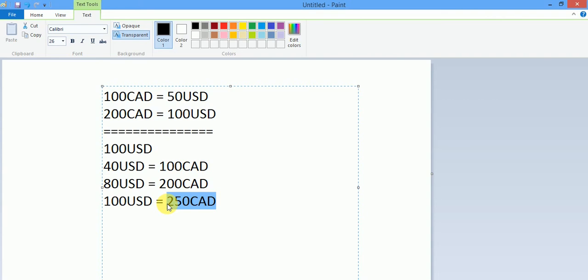So the idea here is that Peter had 200 Canadian dollars before, changed to US dollars. When the Canadian dollar appreciated, he turned this back and made some profit. Yes, so this is how he makes profit. This is how we make profit in forex trading as well.